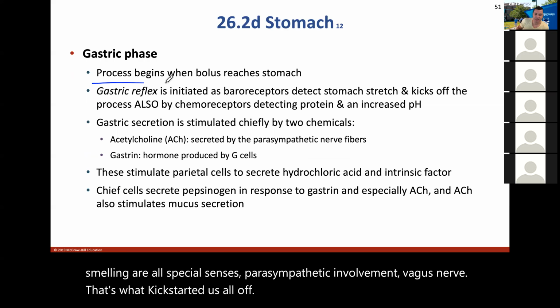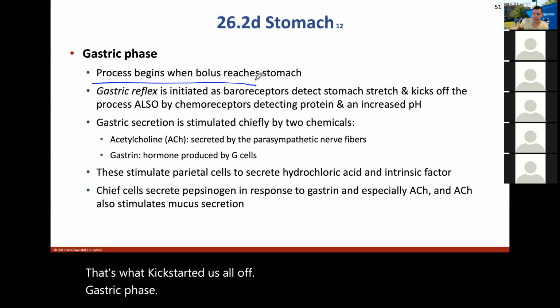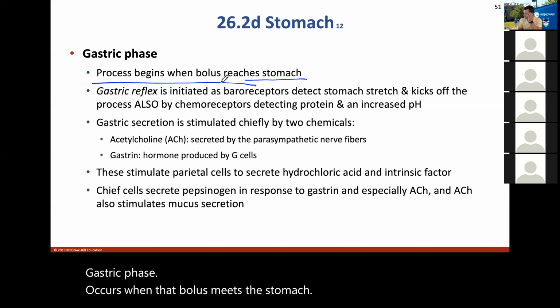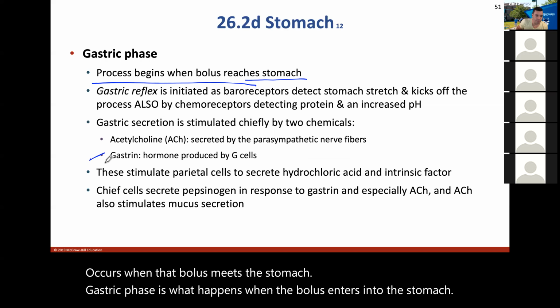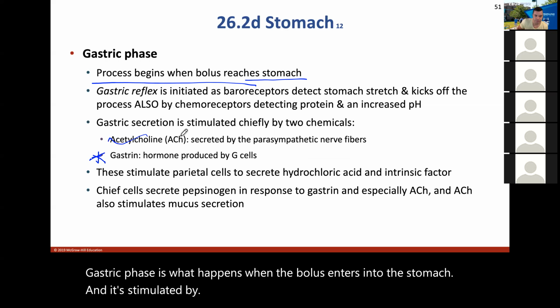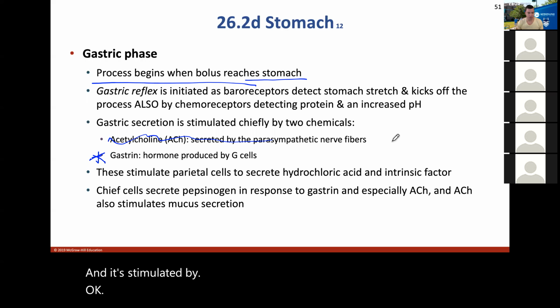Gastric phase occurs when that bolus meets the stomach. Gastric phase is what happens when the bolus enters into the stomach. And it's stimulated by acetylcholine, but I want you to remember gastrin.